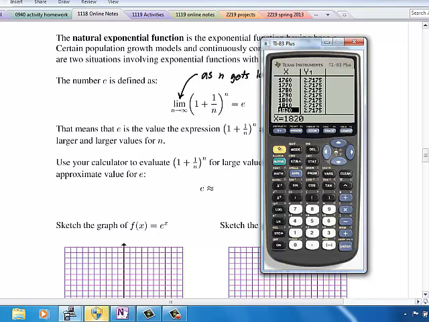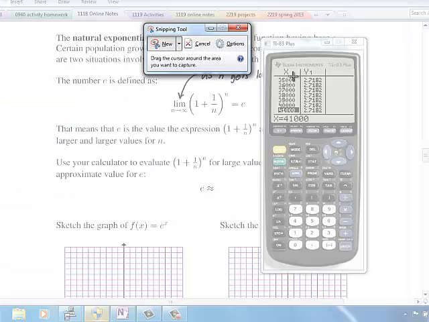Let's do table set again. Let's start at 1,000 and go up by 1,000. So at 1,000, 2,000, you can see these are still changing a little bit, but now they're just going to be stuck there. So at least out to 4 decimal places, we can see we have about 2.7182. Take a snapshot of that.